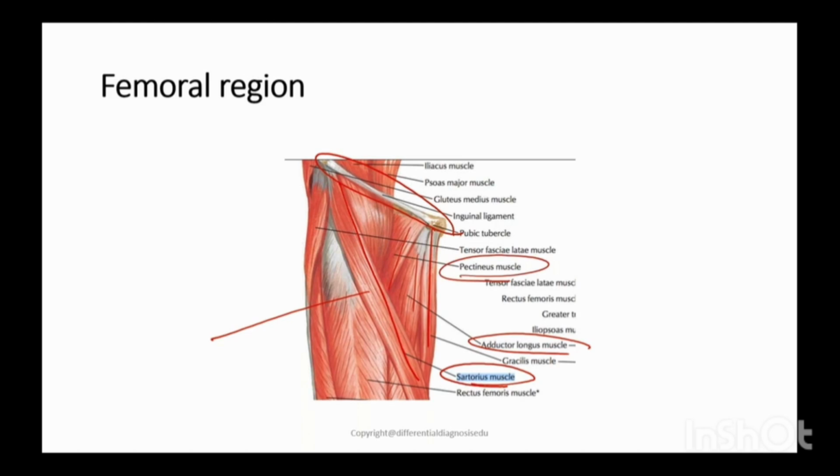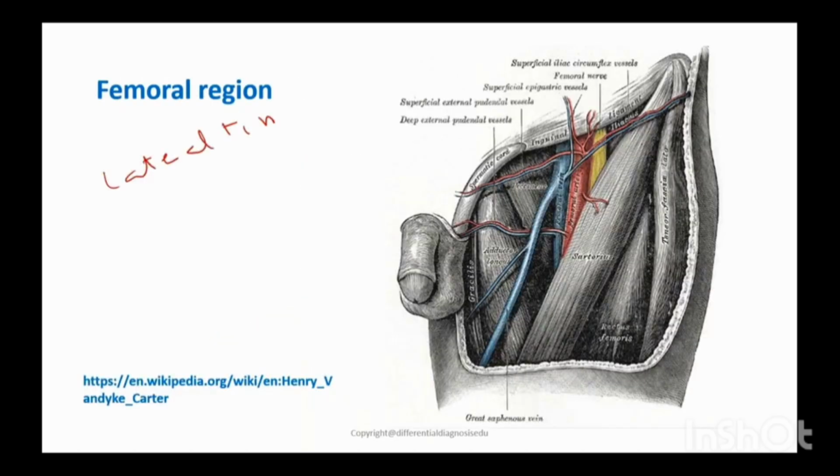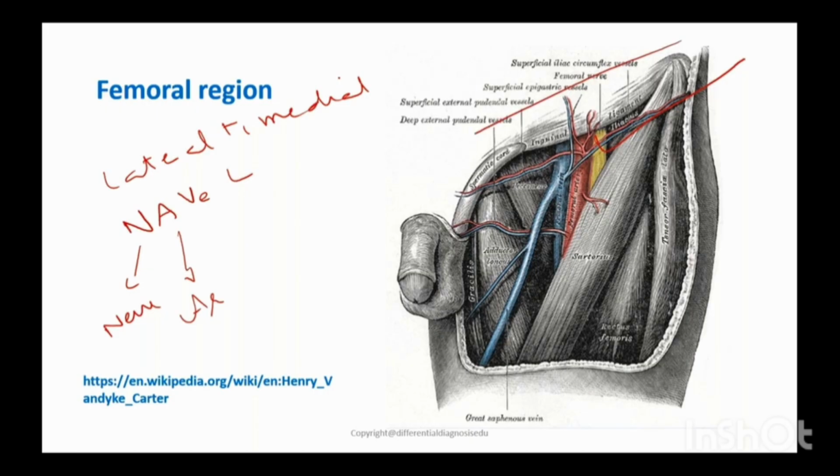So from lateral to medial side, the mnemonic is NAVEL. N-A-V-E-L. N is nerve. A is artery. So we are moving in this direction. Laterally, this is lateral.